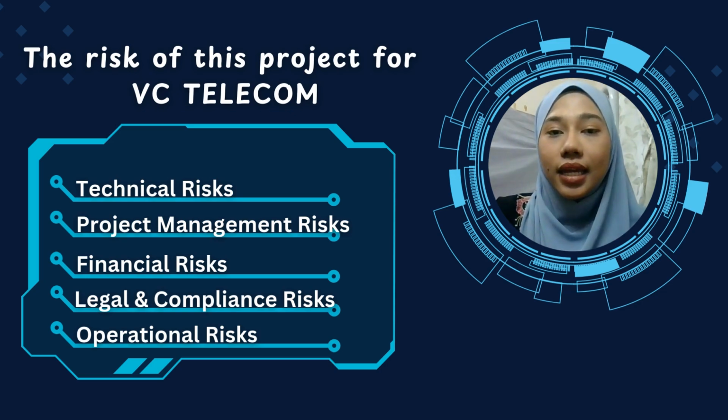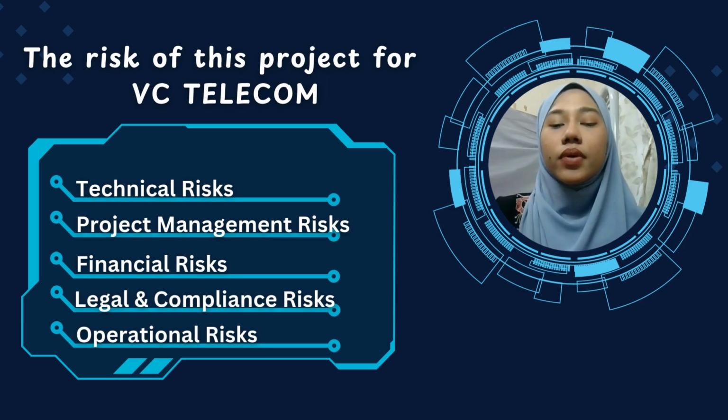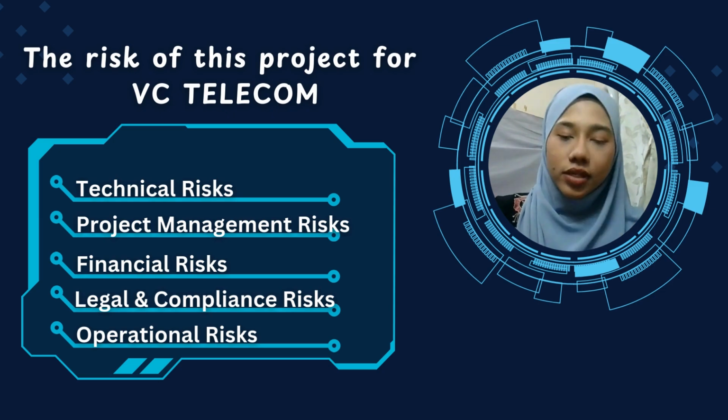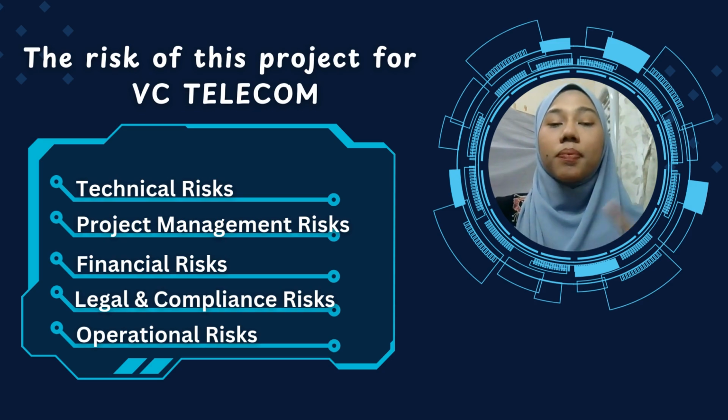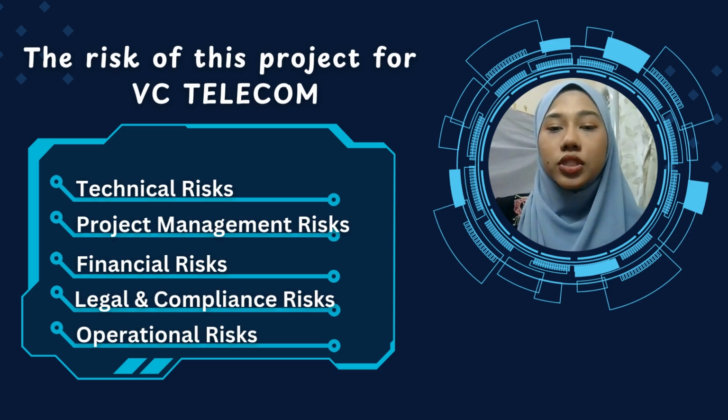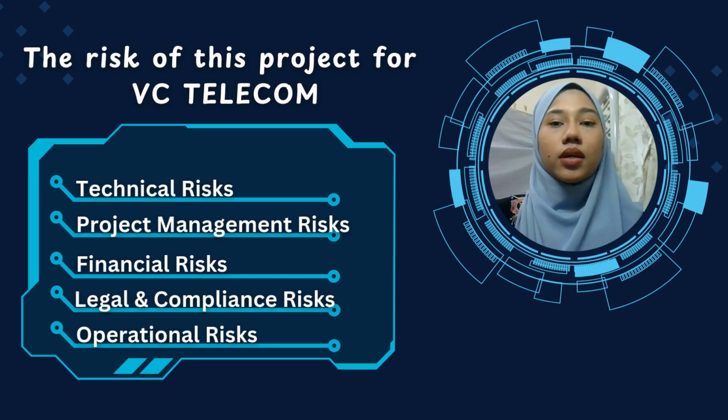And finally, let's address the operational risks, which impact the system's long-term reliability. We face infrastructure failures such as hardware failures, power outages, or cloud disruptions that can affect our project and the system. We need a disaster recovery plan and real-time monitoring.